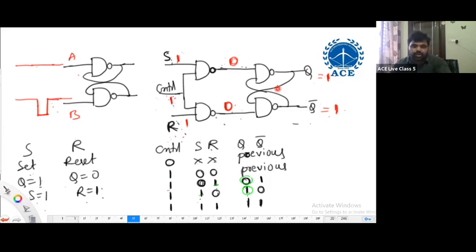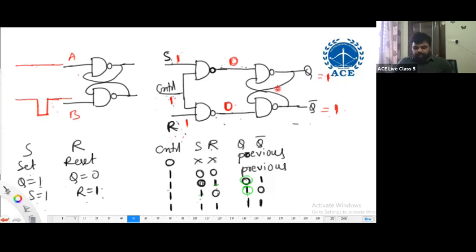Control equals 0, disabled for inputs, then it is remembering. Control equals 1, enabled for inputs, sensing to the inputs. I hope you are following. Is there any doubt?